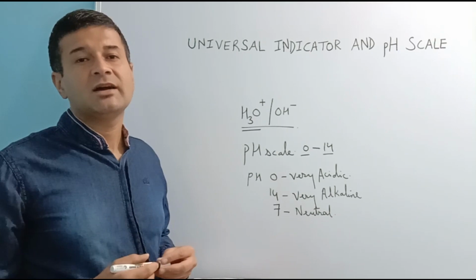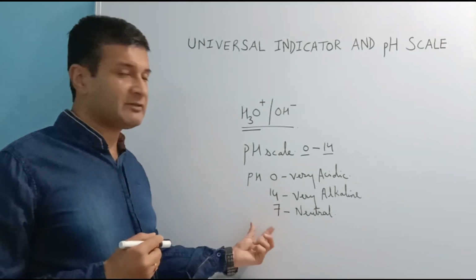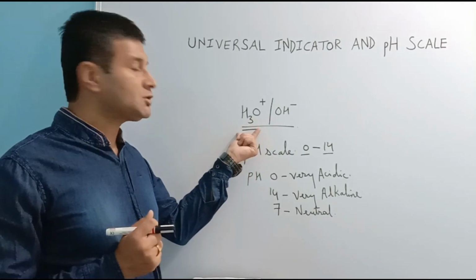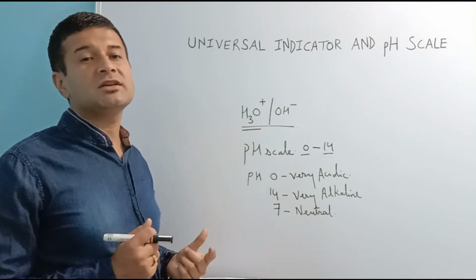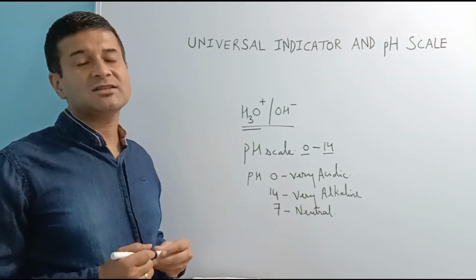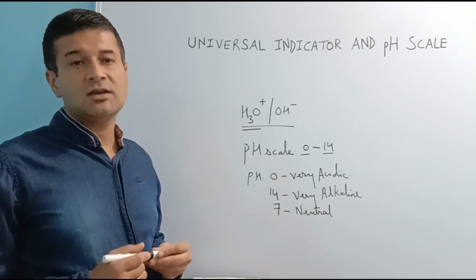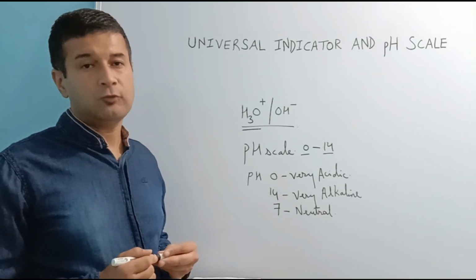This means that acidic solutions have pH less than 7. The higher the concentration of hydronium ion in a solution, the lower is the pH value. For example, an acid with pH 3 is more acidic than an acid having pH 4.